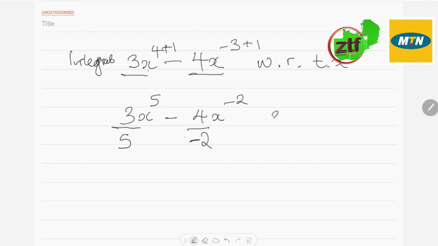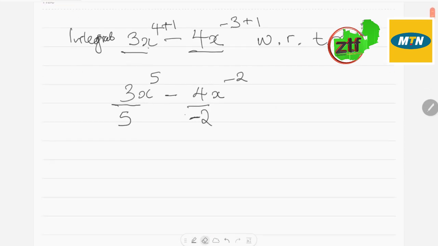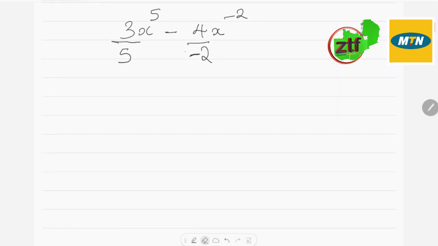We have 3x, let me write it here so that you're able to follow nicely. The question is 3x to the power 4 minus 4x to the power negative 3. So already we have ascertained that this is a negative index.